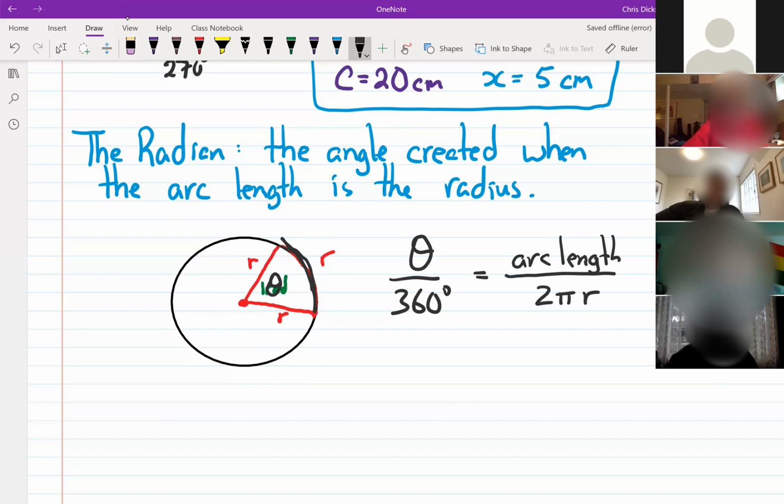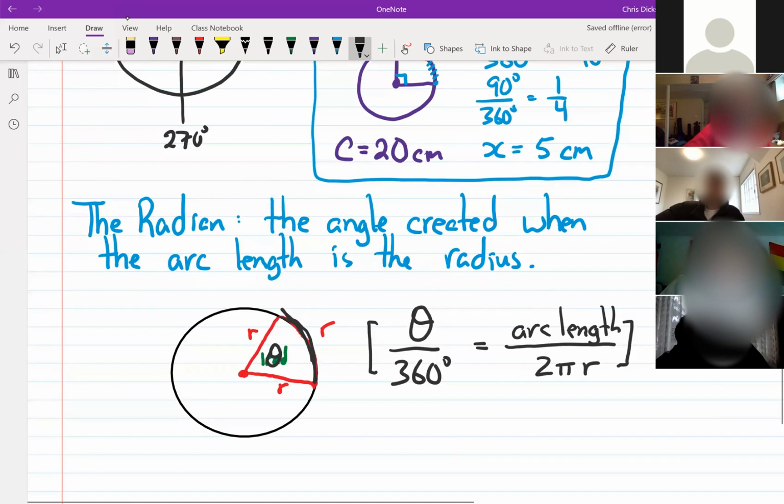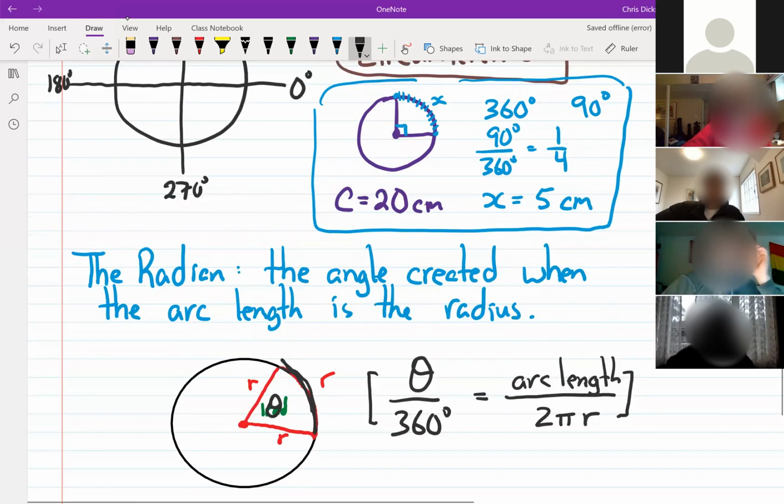So this ratio shows the relationship between degrees, so the angle and 360, versus the distance and the circumference. Although they're talking about two different things, these should be related, as they were in the question above. This question up here, we saw that these angles were related to the distance traveled.